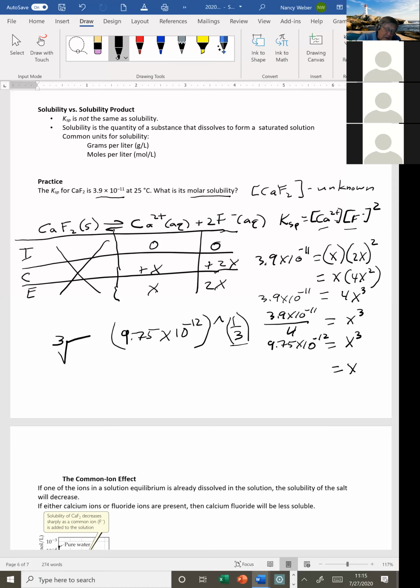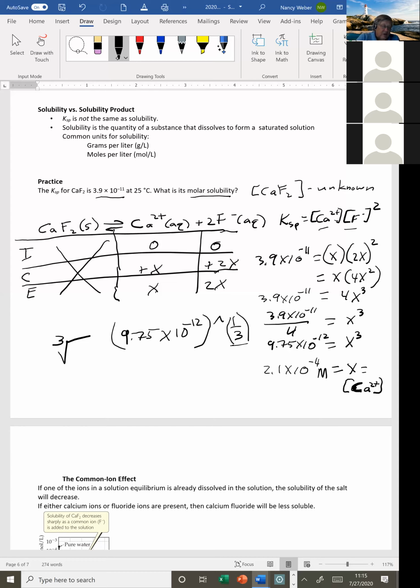So this comes out to 2.1 times 10 to the -4 molar, and that's going to equal the calcium concentration. And if we look at our equation, there's 1 mole of calcium fluoride and 1 mole of calcium ion.